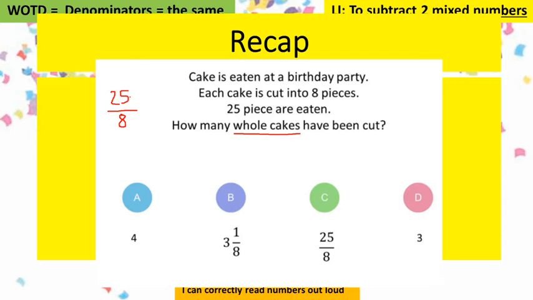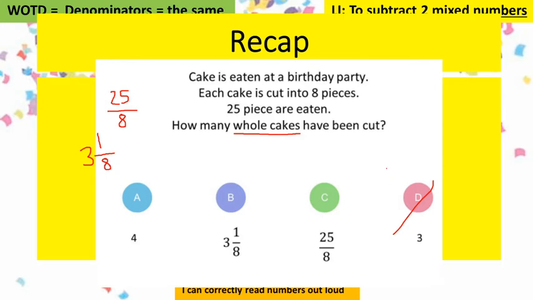If we're looking for how many wholes, so how many 8s in 25, there's 3 8s in 25 because 3 times 8 is 24, and then we have 1/8 left over. So there's 3 wholes and 1/8 of a cake that have been cut. It can also be represented in improper fractions.